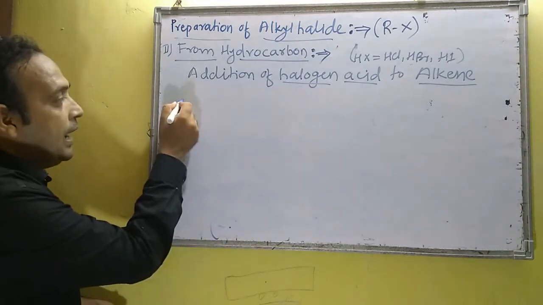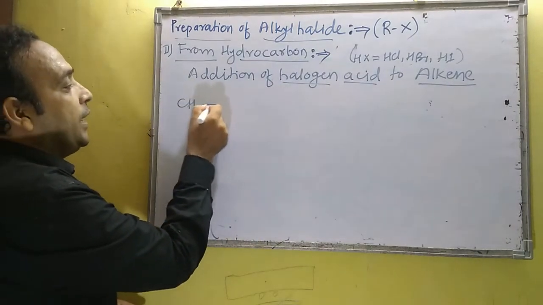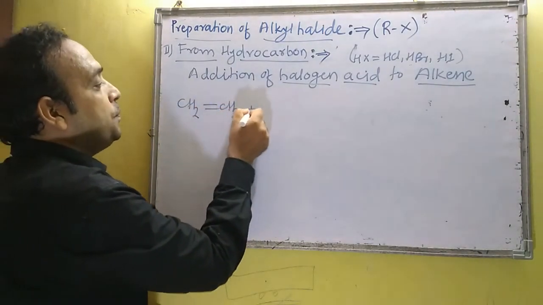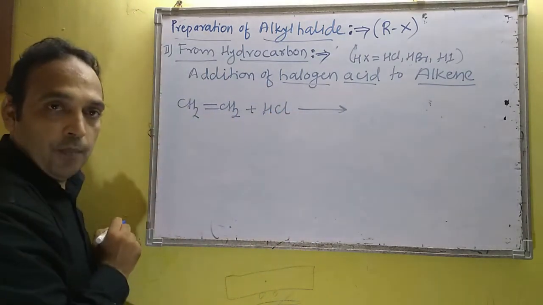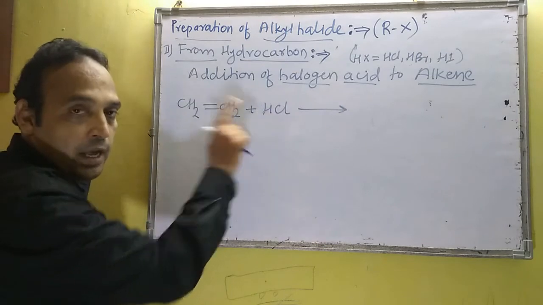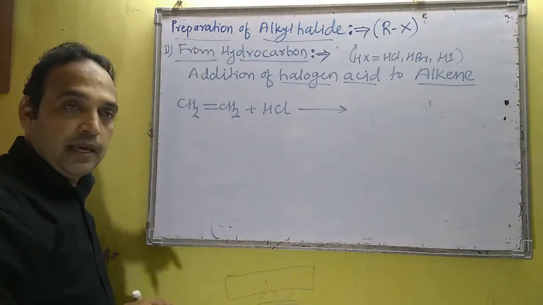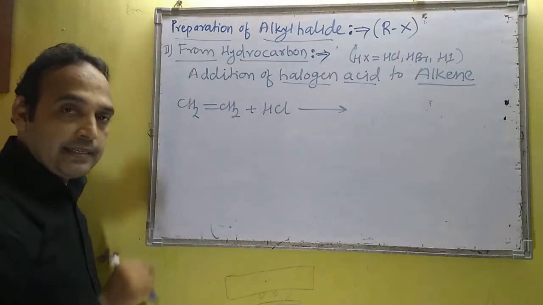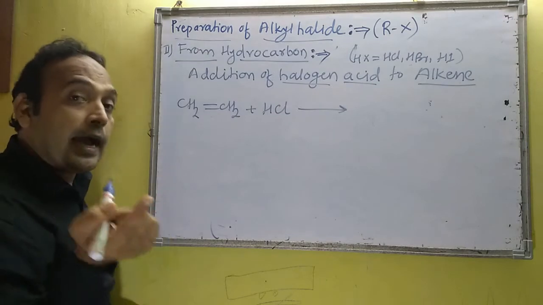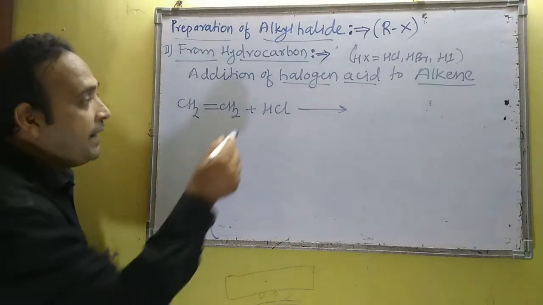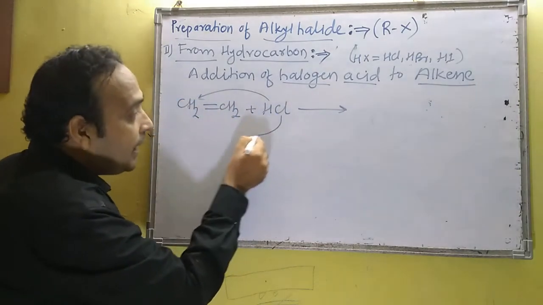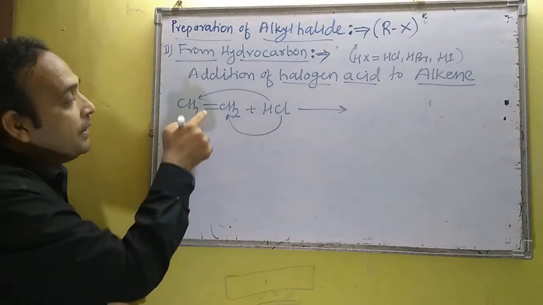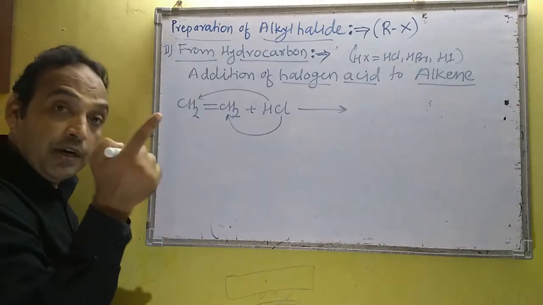For example, I am writing CH2 double bond CH2 plus HCl. Which halogen acid have we used here? HCl. Across the carbon-carbon double bond, one H attaches to one carbon, Cl attaches to the second carbon, and the double bond converts into a single bond.